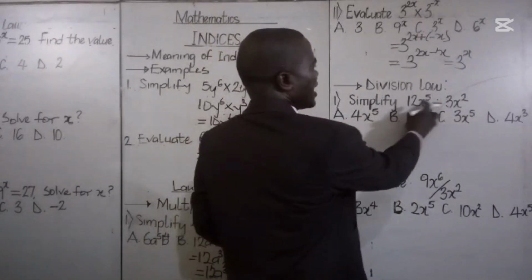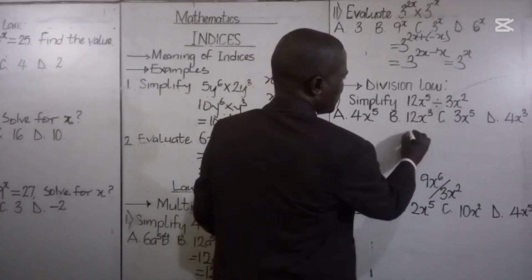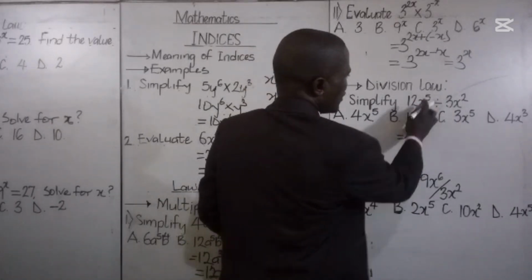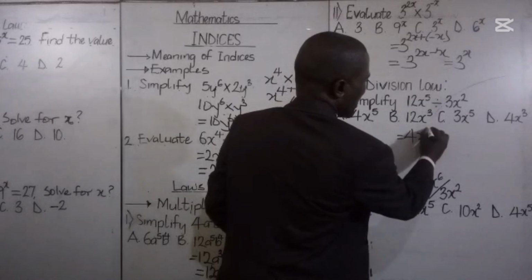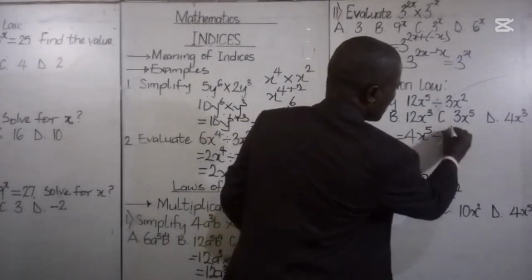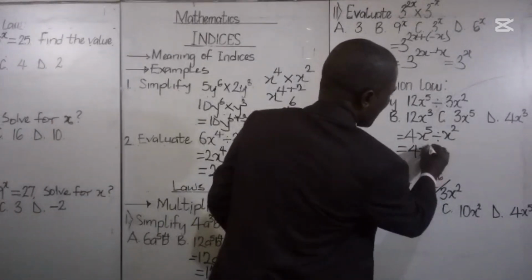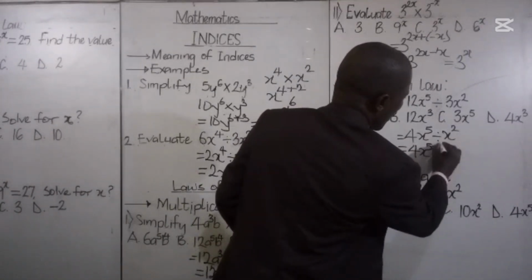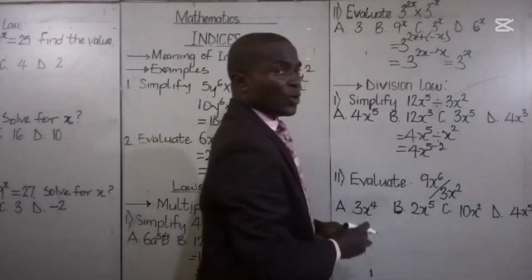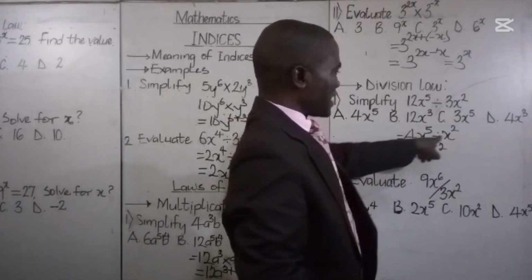First and foremost, take care of the whole number. 12 divided by 3, that is 4. Then we now have x raised to power 5 divided by x raised to power 2. Then it becomes 4x raised to power 5 minus 2. This is the law. It says division can be changed to subtraction for terms that are similar.